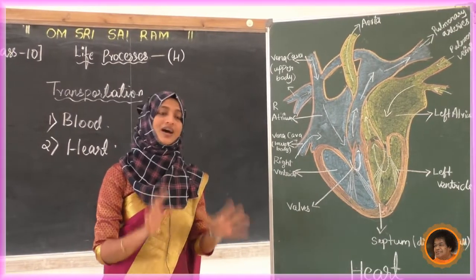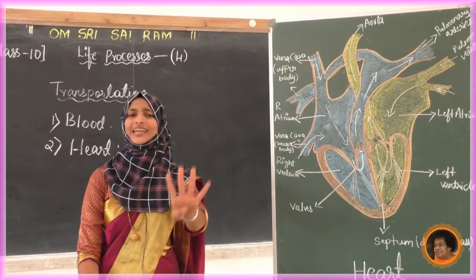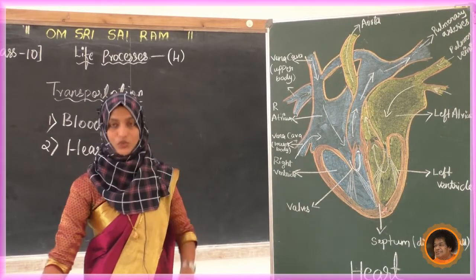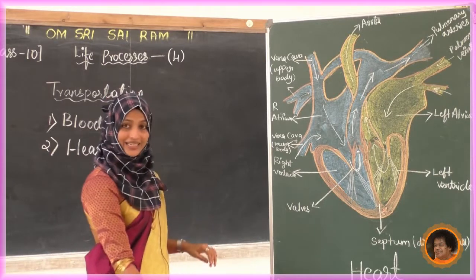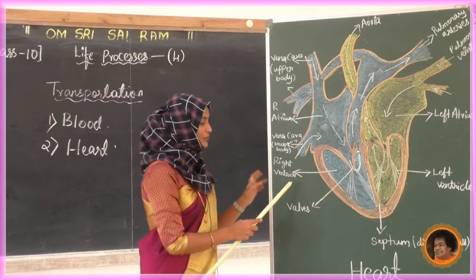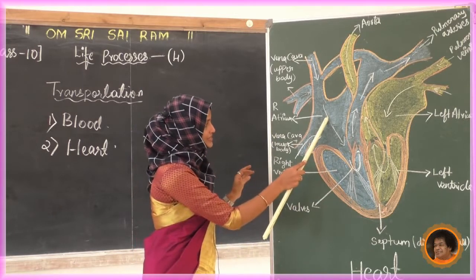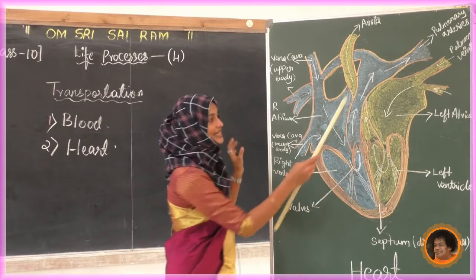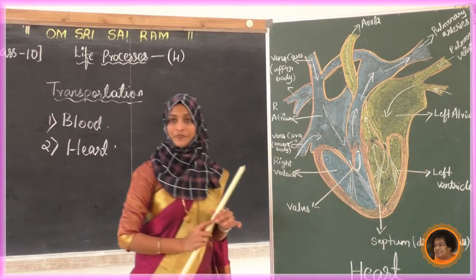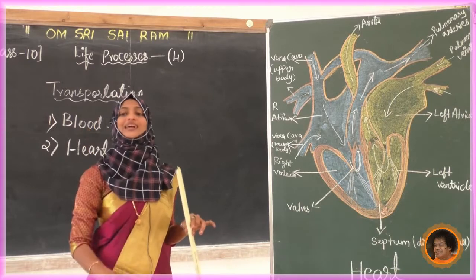Actually, in the heart we can see 4 main parts: the right atrium and right ventricle on the right side, and the left atrium and left ventricle. These are the 4 major parts.